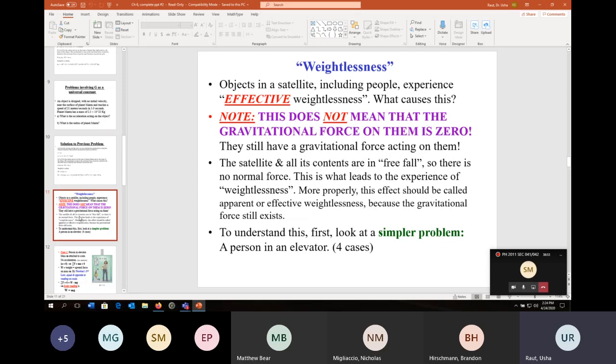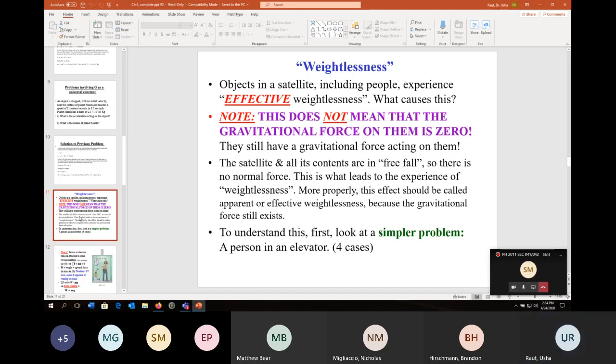And what it means is that it's exactly what you experience when you jump up and you're free falling. We have to talk about what free fall is and why there's no normal force.